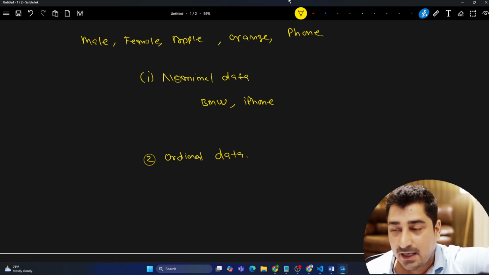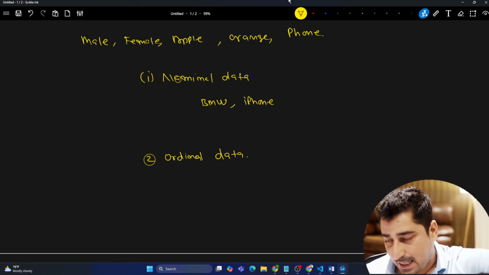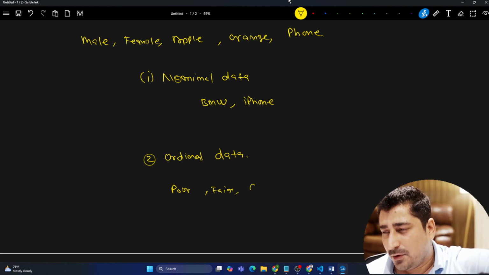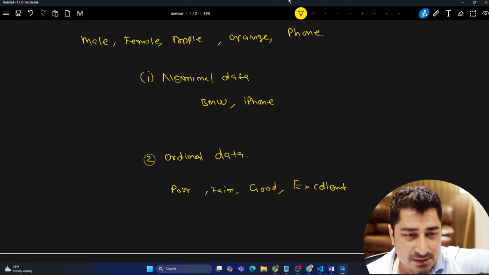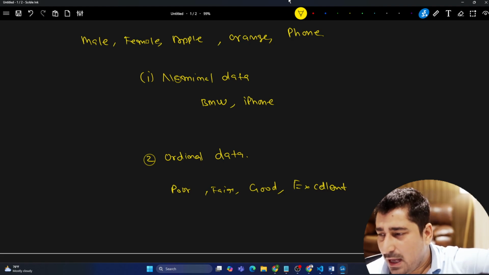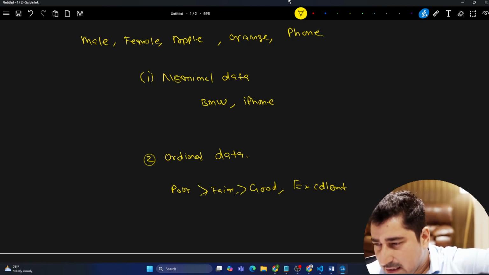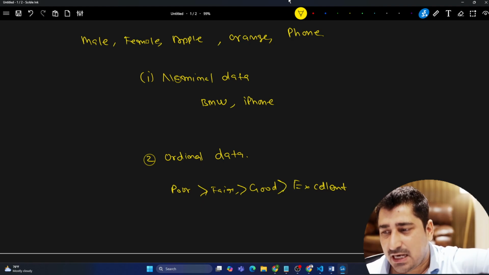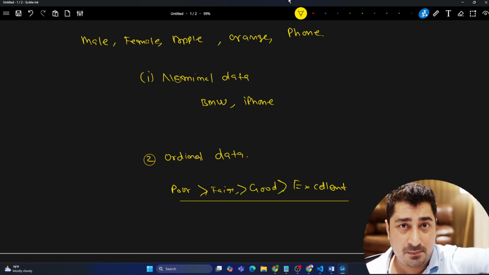So here, I'm just going to give you one example. When I say poor, I'm going to say fair, I'm going to say good, I'm going to say excellent. Here, I'm trying to order the data. I'm talking about data which I can order. That is a possibility, right?